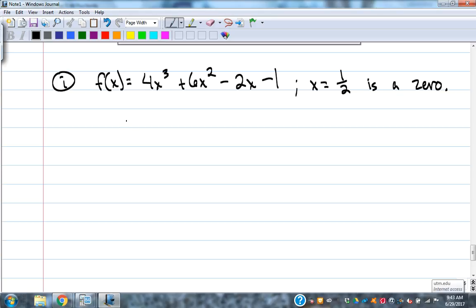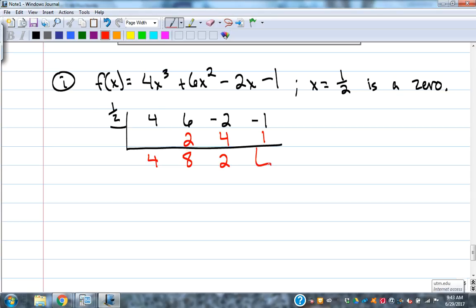Just a number. And the good thing is I know that I should have 0 as the remainder here. So 4 times 1/2 is 2, is 8. Half of 8 is 4. Half of 2 is 1. And there's my remainder 0. Worked out pretty nice. x equals 1/2 is a 0. We knew that already. It really didn't surprise us any.